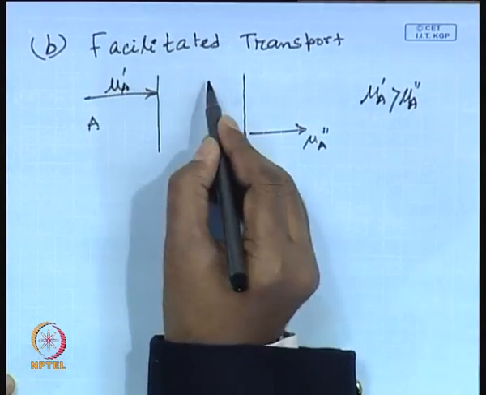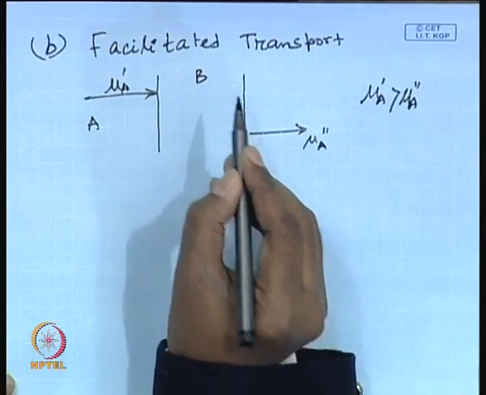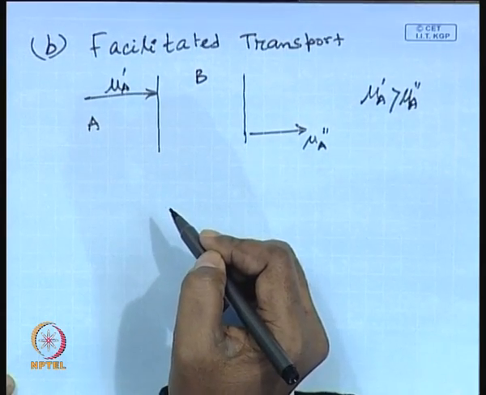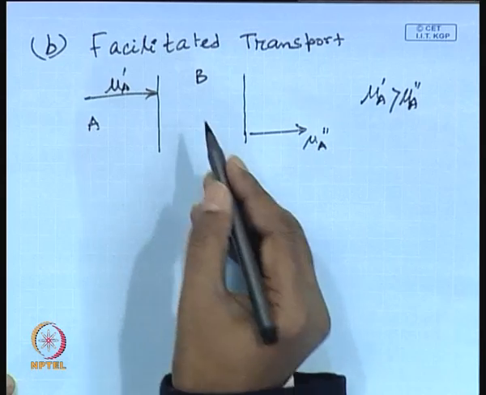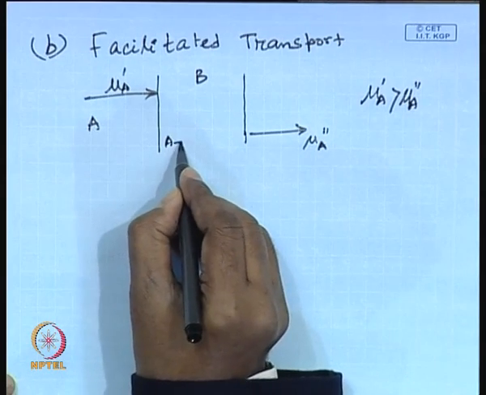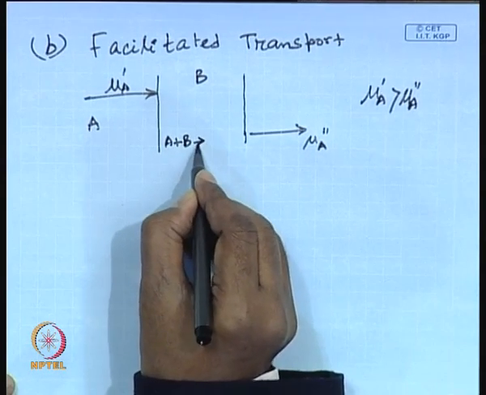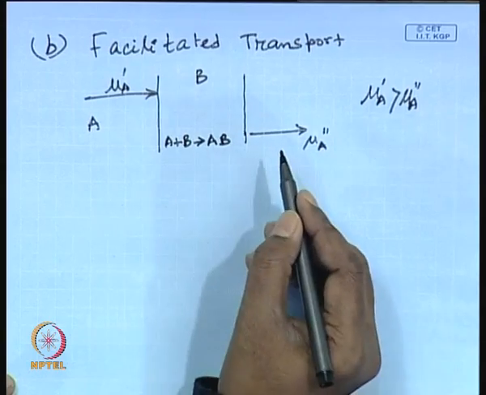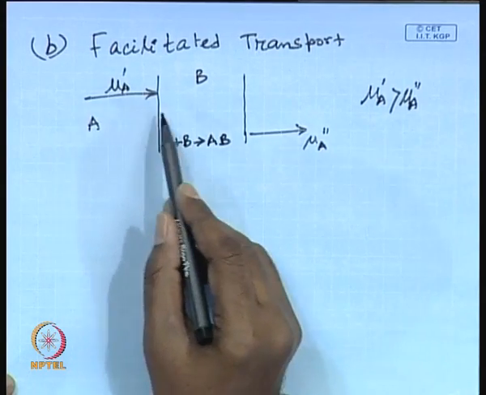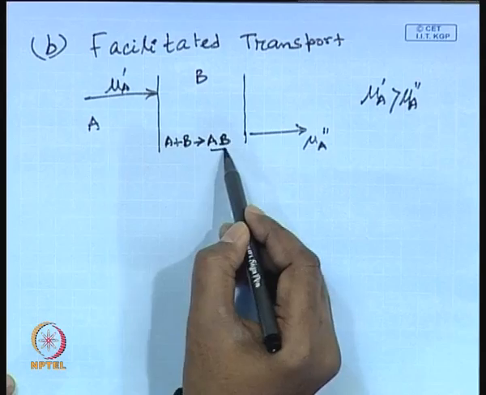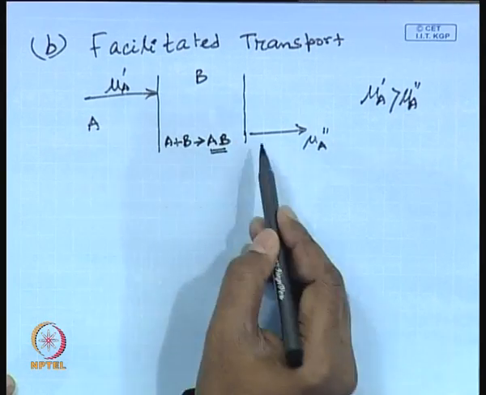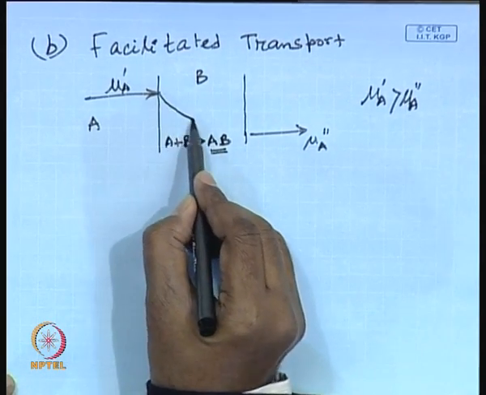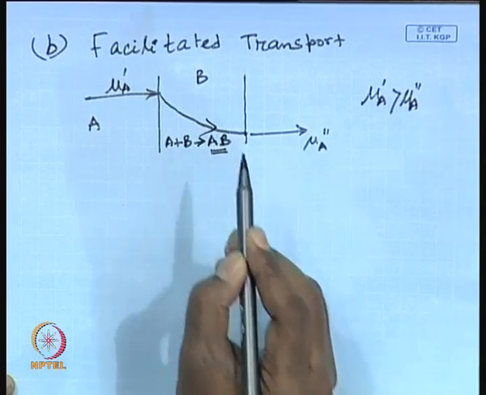Okay. But the point is, there is an agent, agent B, present in the membrane phase, which forms a complex AB with the permeating species A, and that will be transported. So, here the transport rate will be more.